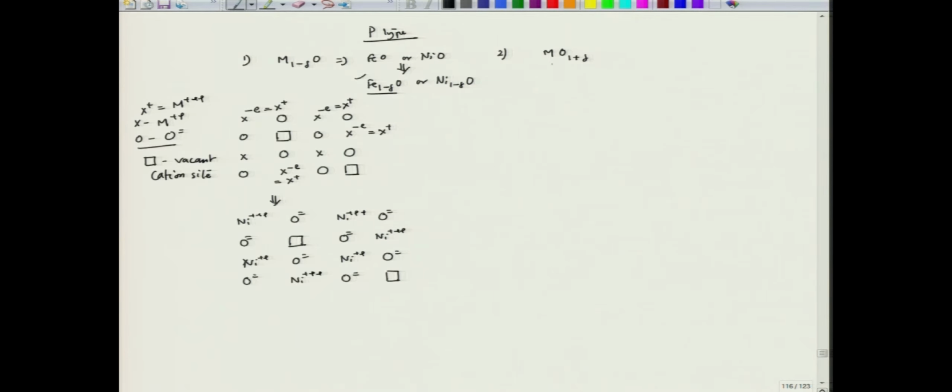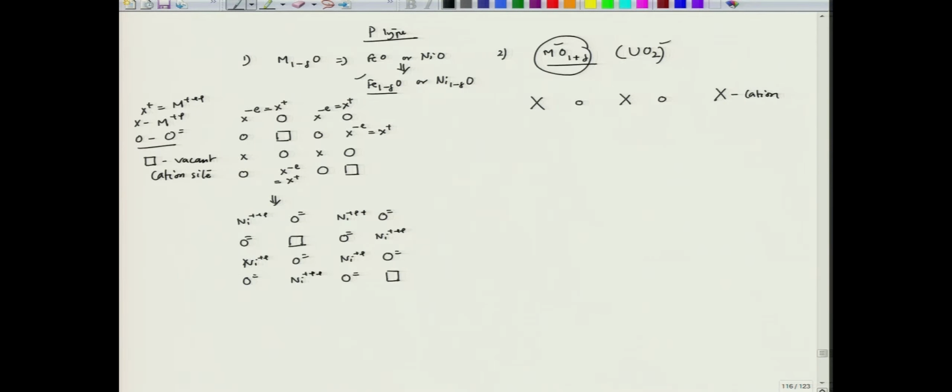Now, here the situation is a little different because we have extra anions, and this particular situation can arise in the case of uranium oxide, where the cation is very large and the anion is very small. If this is my cation, I have drawn it a little bigger, and this is an anion.